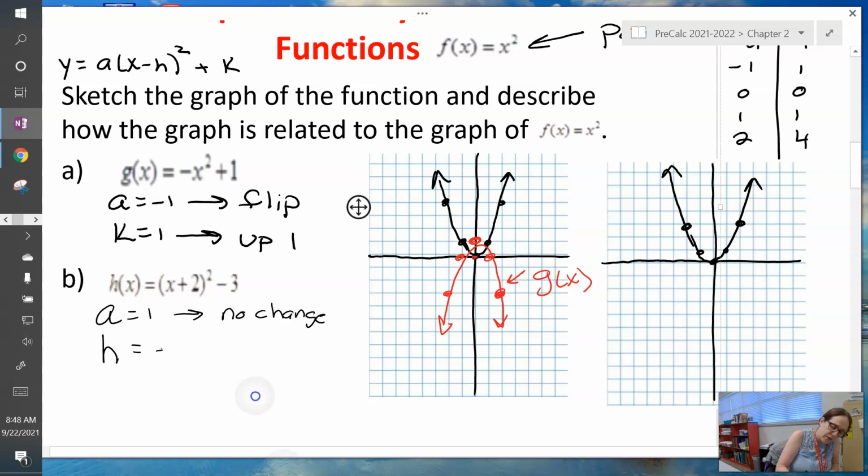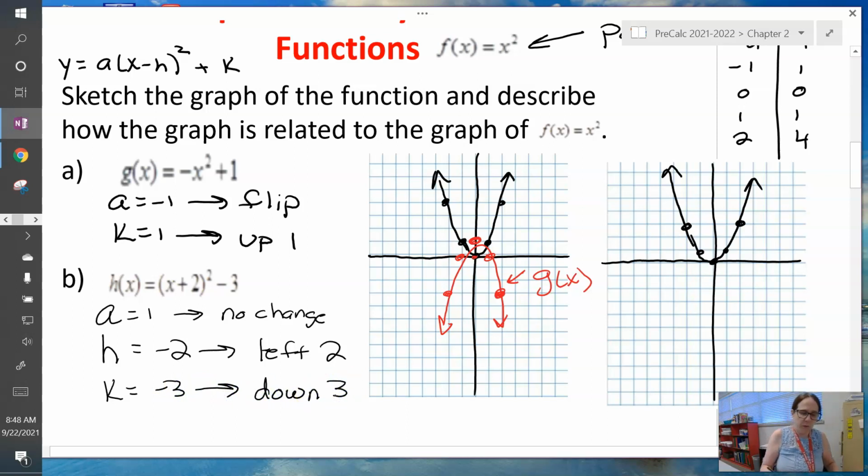Remember, change your sign, so you get -2. So that's going to cause it to go left 2. And then k is a -3, so that's going to cause it to go down 3. So for the description, all I'm looking for is left 2, down 3. The rest of what I wrote is just to show the thought process.